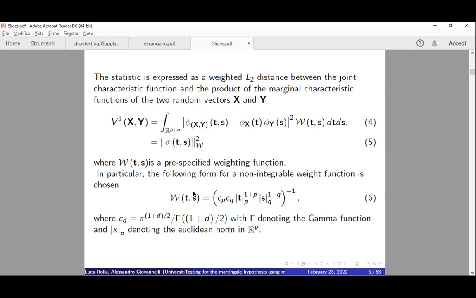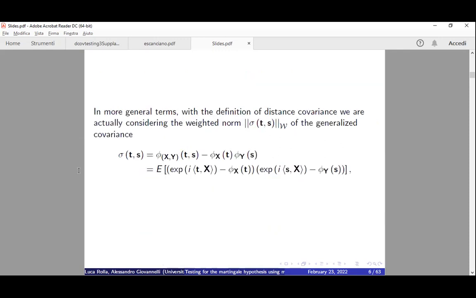And this is the weight function they define. There is a reason why they define this weight function, but I am not going to spend many words on that. This is the generalized covariance term I talked about.